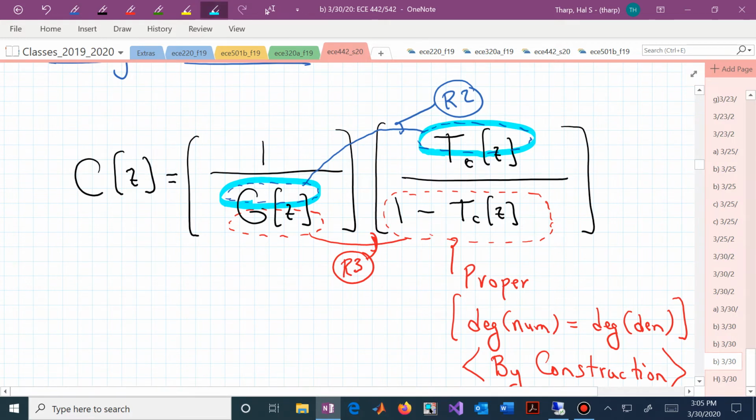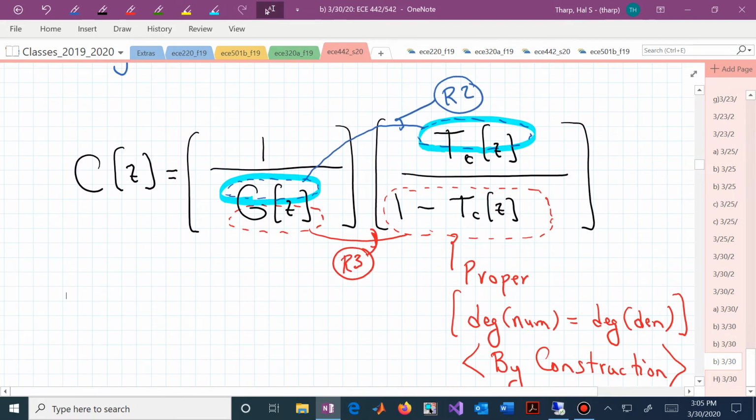That's really the explanation of the middle two restrictions. That's why we have to have unstable zero factors from our plant remain in our desired closed loop transfer function T sub c of z. That's restriction 2.